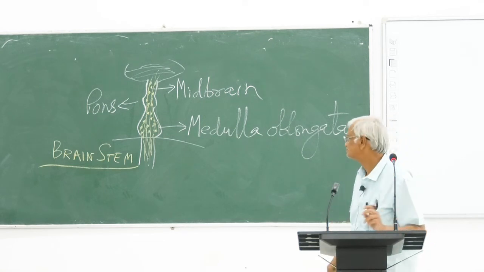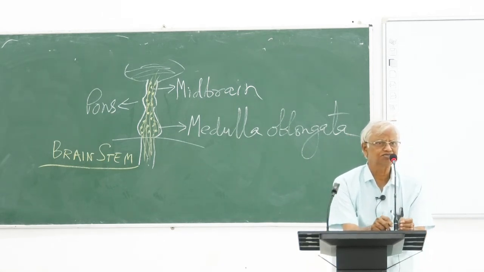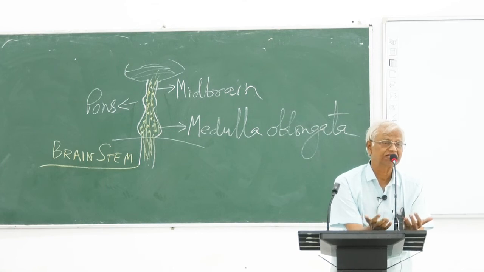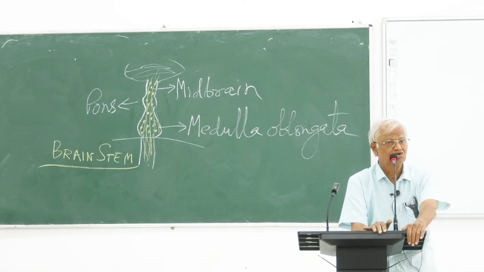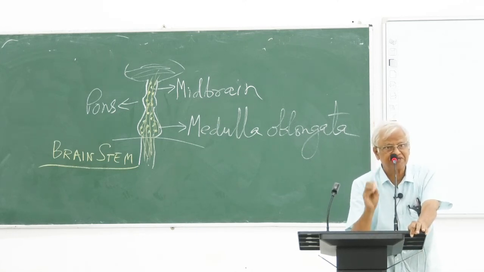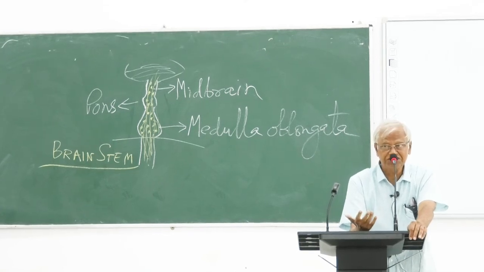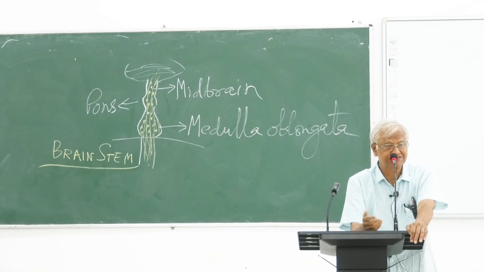Now, all sensory stimuli from the body, whether it is visual or auditory or mechanical, touch, pain, and so on, irrespective of the modality, whether pain, touch, heat or coldness.